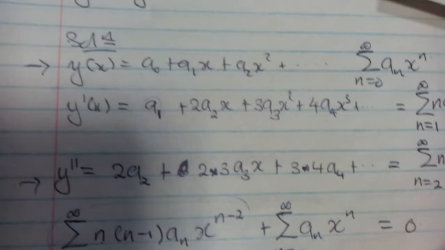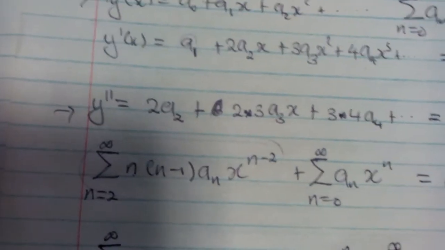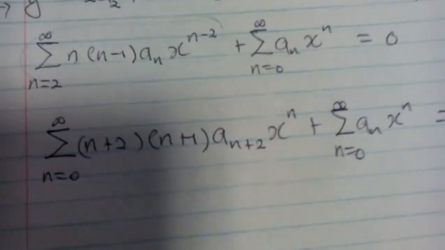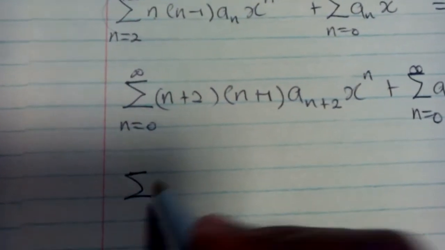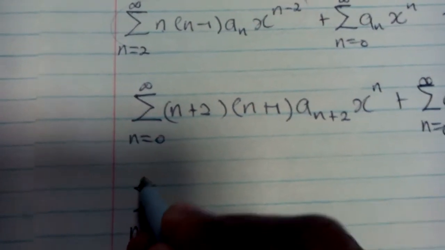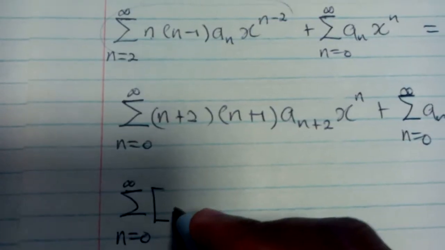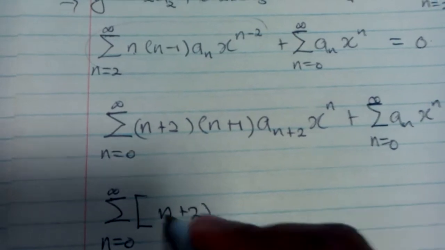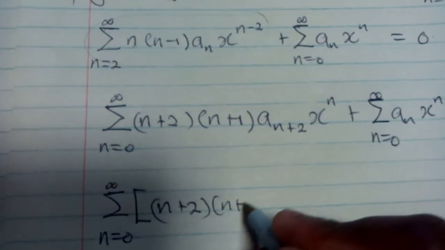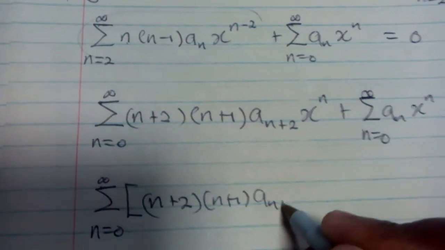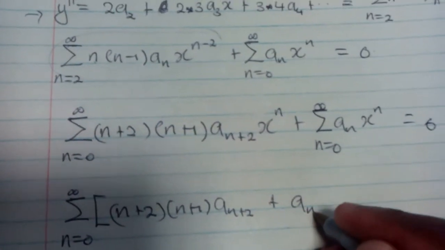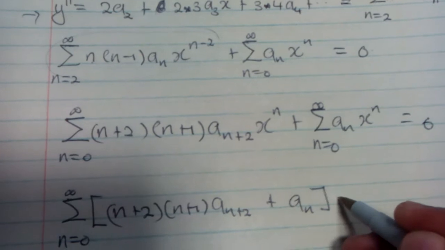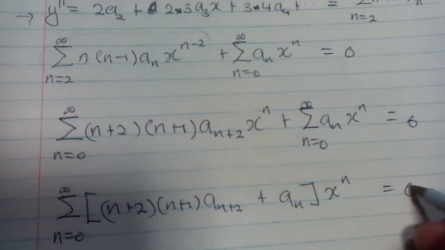And then I can rewrite this as the sum from n equal to 0 up to infinity of n plus 2 times n plus 1 times a n plus 2 plus a n, and take out x to the n, equal to 0.